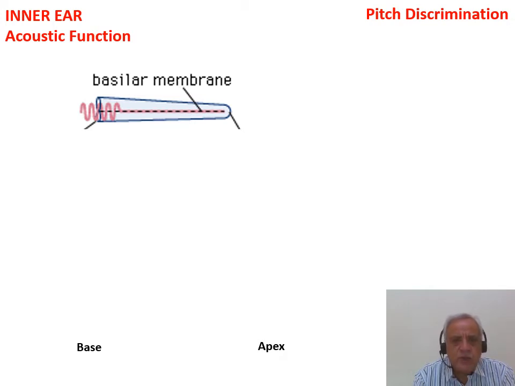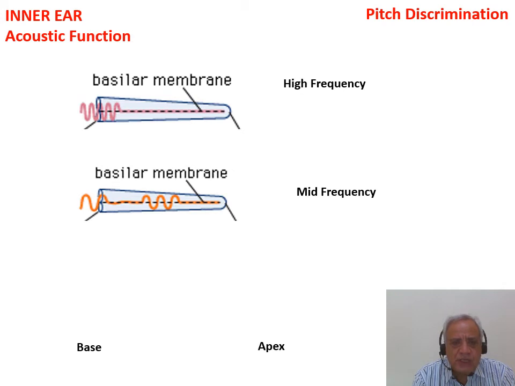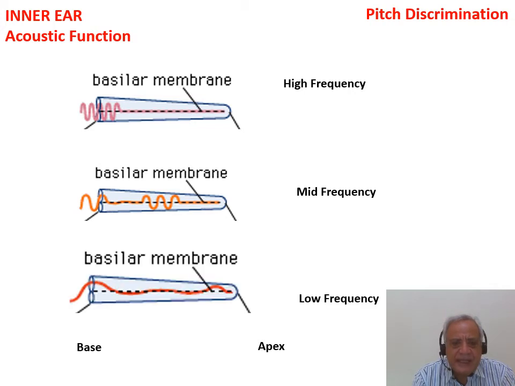If it is stimulated at the apex, where there is a communication between scala tympani and scala vestibuli, this will be a low frequency. So here, the stimulation is at the base, so this is a high frequency sound. Here, the stimulation is in the middle of the basilar membrane, a mid-frequency sound. And this is stimulation at the apex, a low frequency sound.